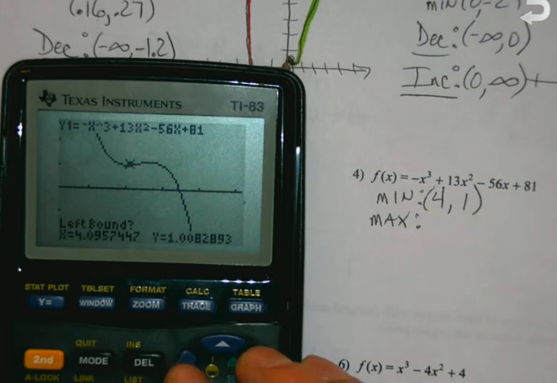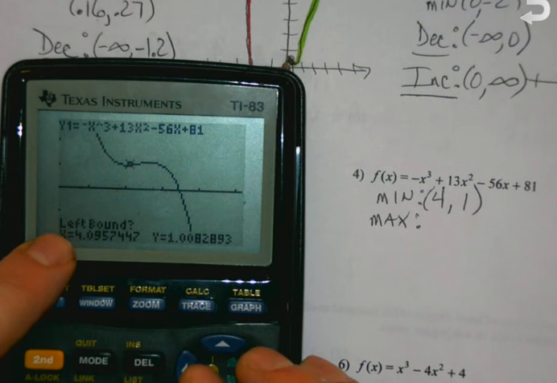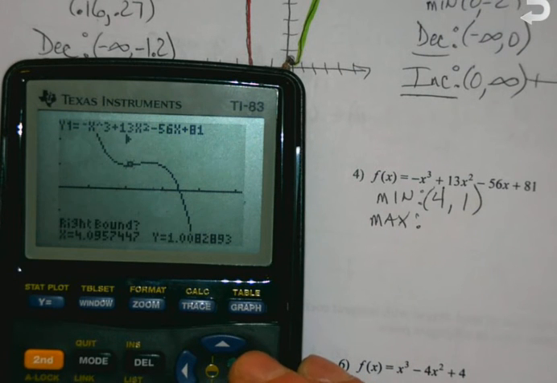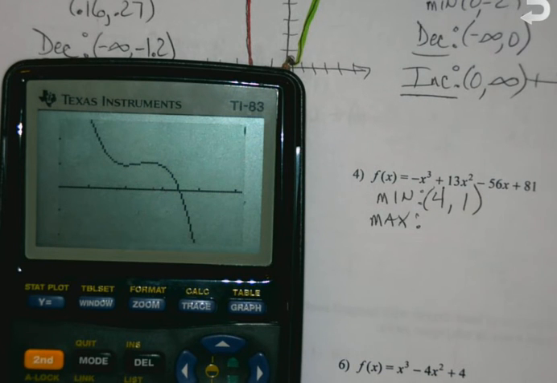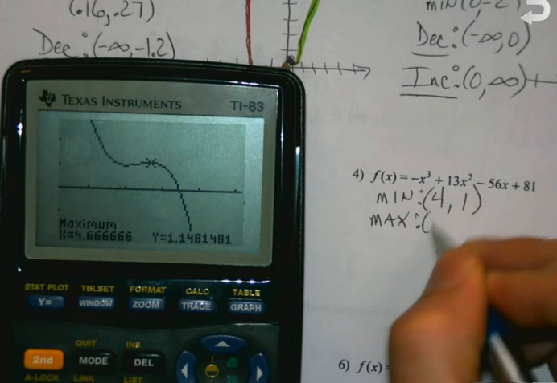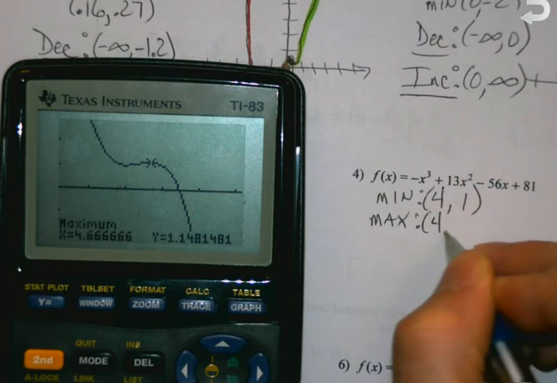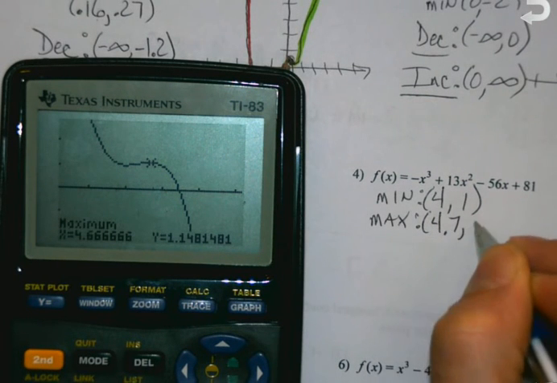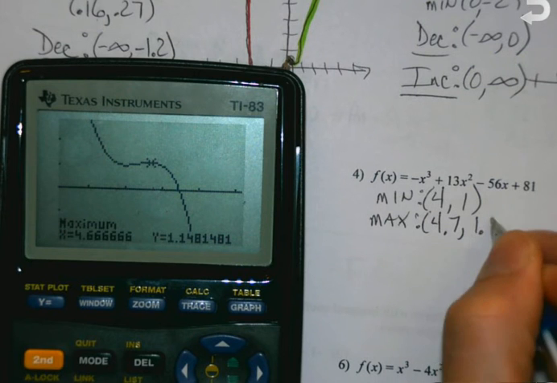So anywhere to the left, since it says left bound, I'm going to hit enter. Right bound, anywhere to the right. Err on the side of giving yourself too much room. And two enters. Do we get a max? We do. So we've got a max at 4.7 and about 1.1 here.